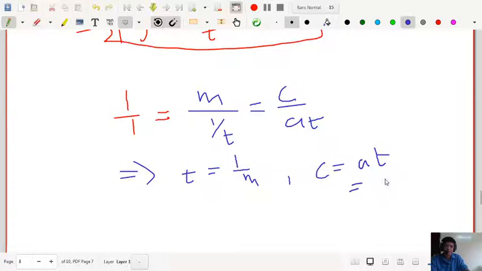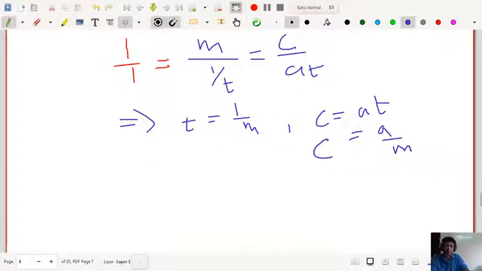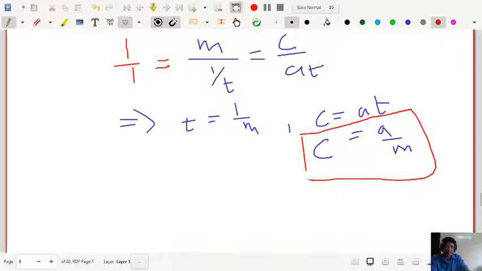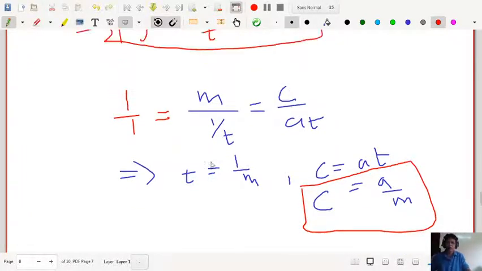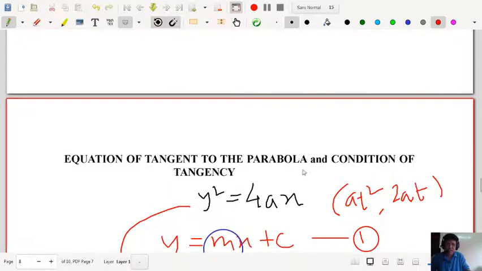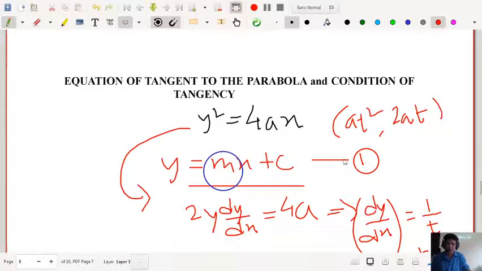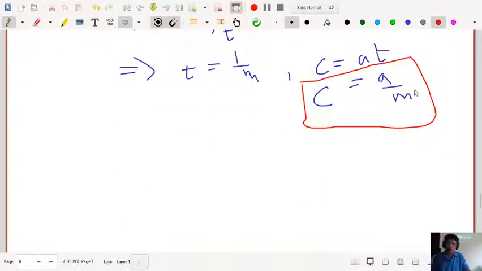So what you have? c equal to a by m, by eliminating t. So this is the condition of tangency of a line y equal to mx plus c to a parabola. So what is the condition of tangency? The condition of tangency of a line y equal to mx plus c to the parabola is c equal to a by m.